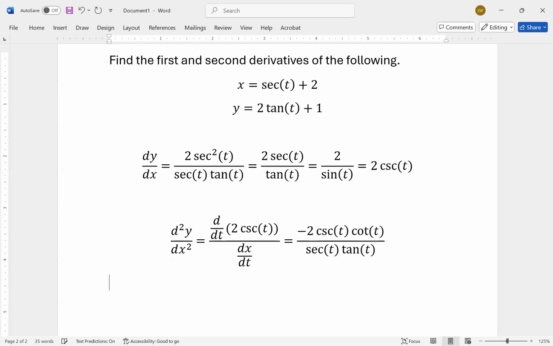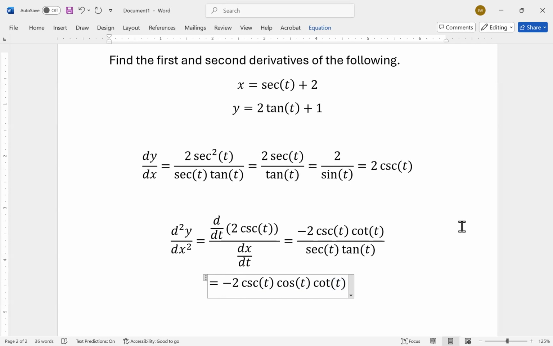If I wanted to stop there, I could. I'm not going to. Secant is obviously 1 over cosine. So what I could do is, since secant is the reciprocal of cosine, I can rewrite this as negative 2 cosecant of t multiplied times cosine of t multiplied times cotangent of t.